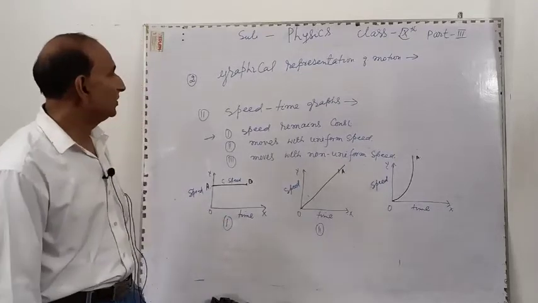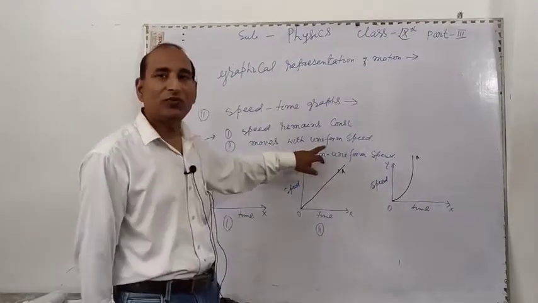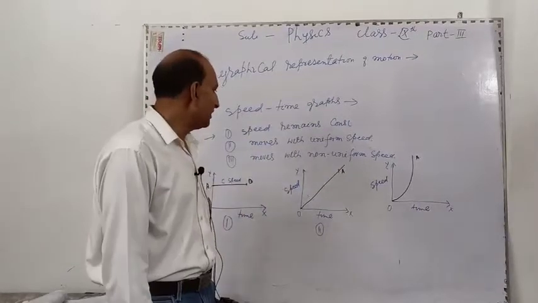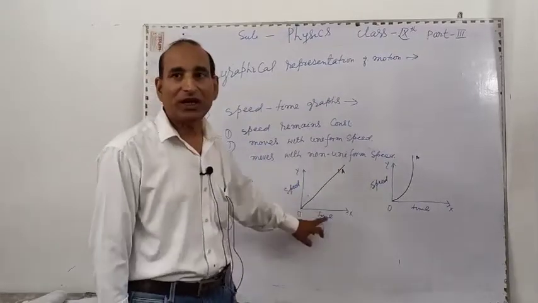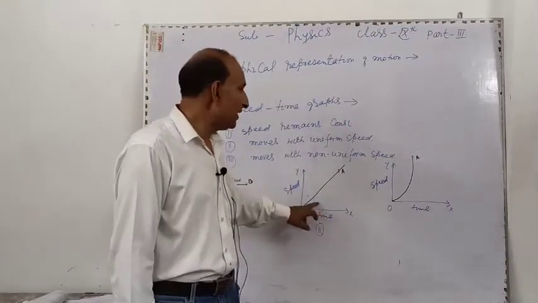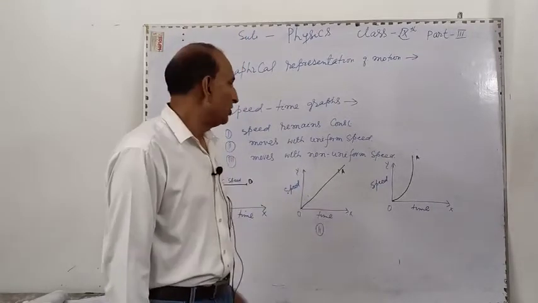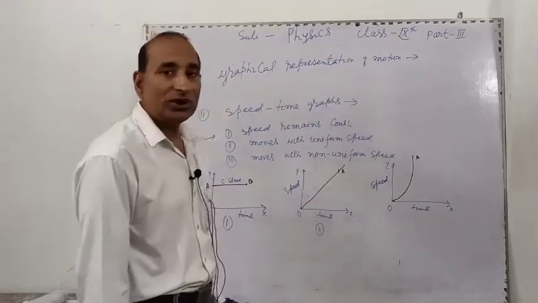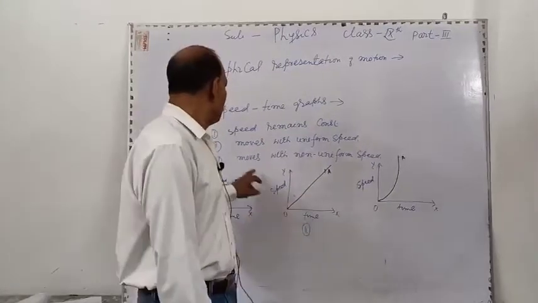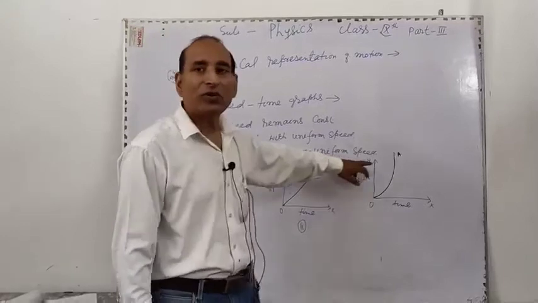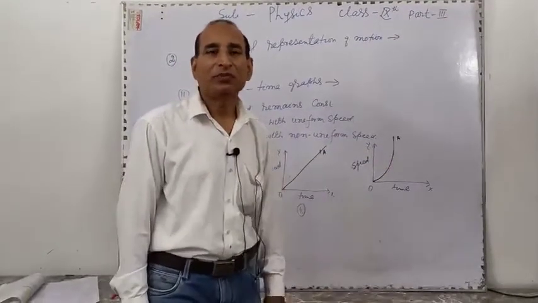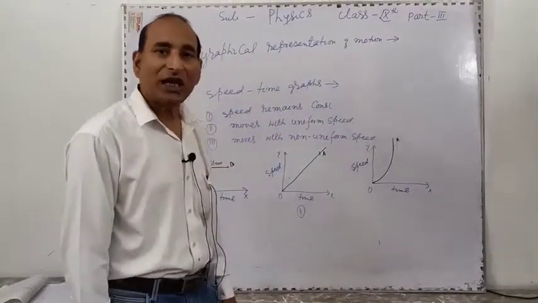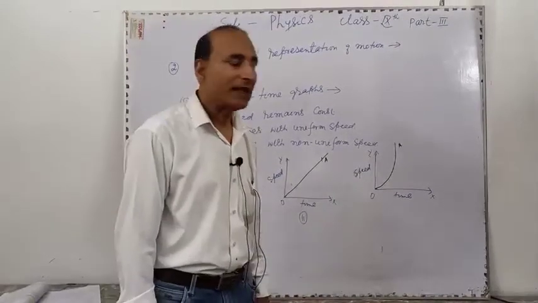And if the object is moving with uniform speed, then the graph between speed and time is a straight line, which gives the acceleration. And also, if the object is moving with non-uniform speed, then the graph between speed and time is a curve.